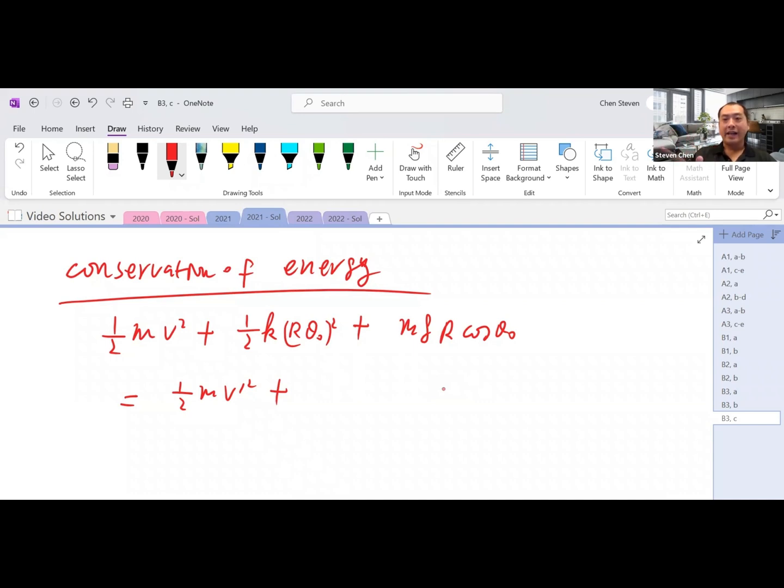So their distance actually determines the potential energy stored in the spring, so that is negligible, okay? And another energy is the gravitational potential energy. So mgr, okay? So we write the second equation that follows from the energy conservation.